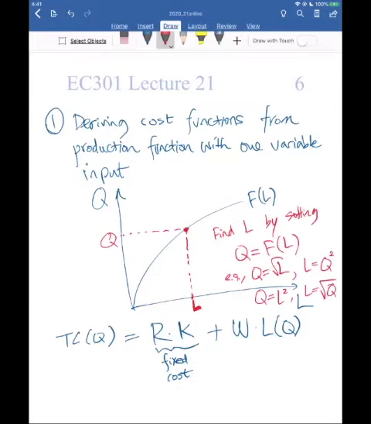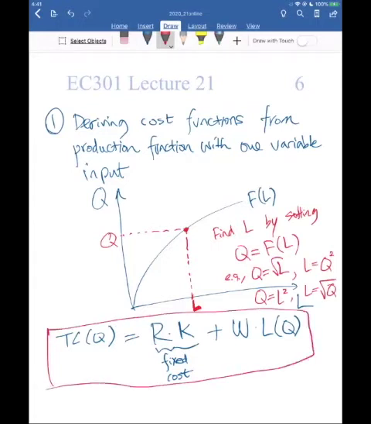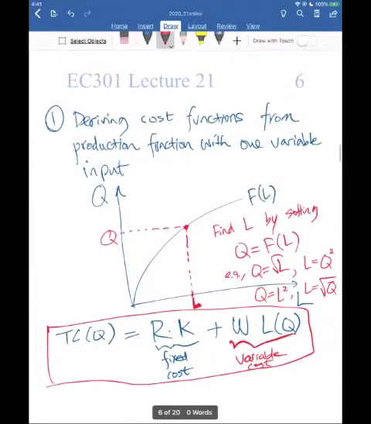So this is how to find the total cost of producing Q units when we have just one type of variable input. Now, if both types of inputs are variable, how do we find the total cost of producing Q units of output? Let's take a look at that next.